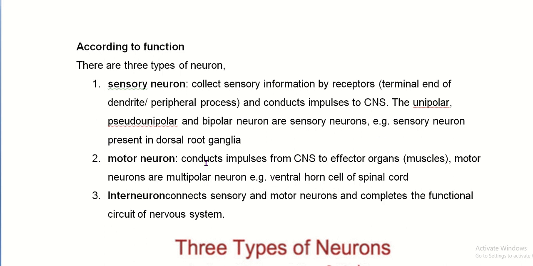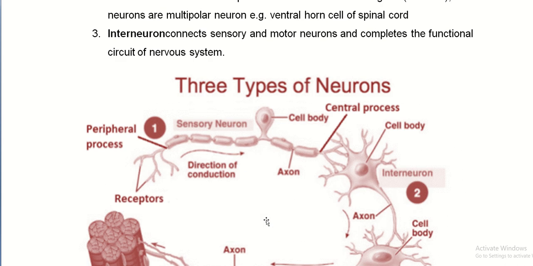The unipolar, pseudo-unipolar, and bipolar neurons are sensory neurons. The motor neurons are multipolar neurons. Interneurons are not sensory, not motor, just connect sensory or motor neurons in functional circuits of the nervous system, and they are usually multipolar neurons.